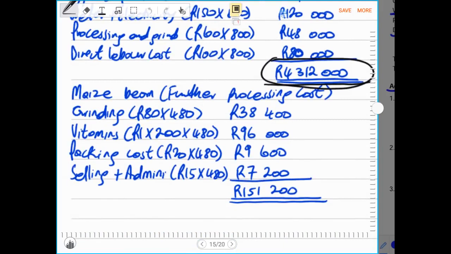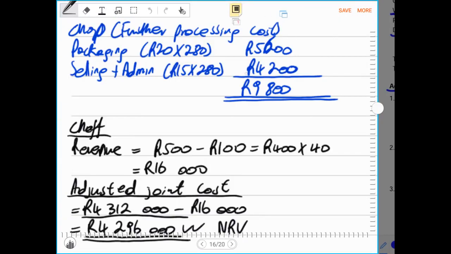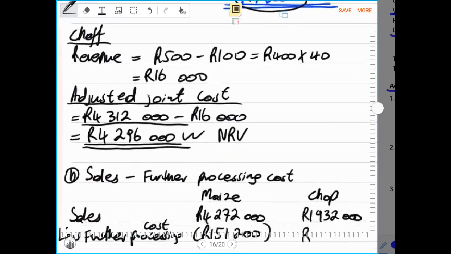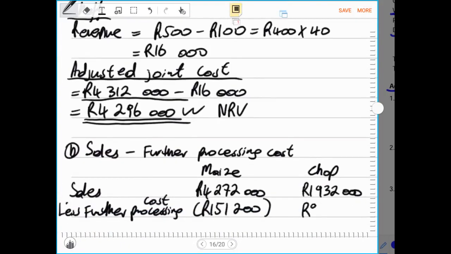Yes, this was maize bean, which became maize meal, because we processed the maize bean into becoming maize meal. So this is maize meal further processing cost, which is 151,200. And we had 9,800 rands of further processing cost for the chop that we have already calculated.